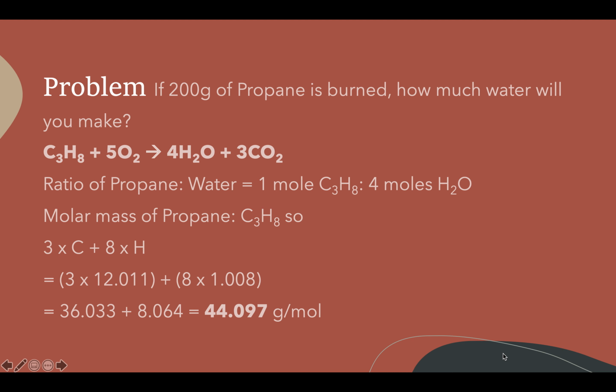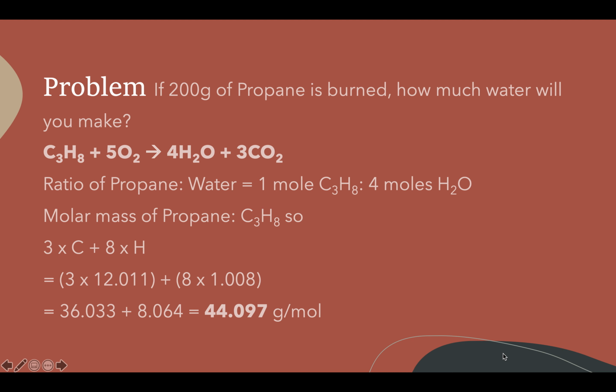Well, for that we need to know the molar mass of propane. It's C3H8, 3 carbons, 8 hydrogens, carbons each 12.011, hydrogens are 1.008, add it all together, and you get that propane has a formula mass of 44.097 grams per mole. So if you have 44.097 grams, you have 1 mole. We have 200 grams.